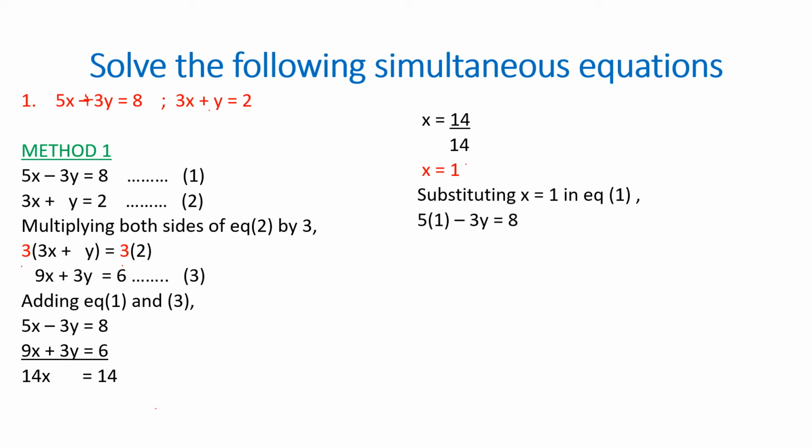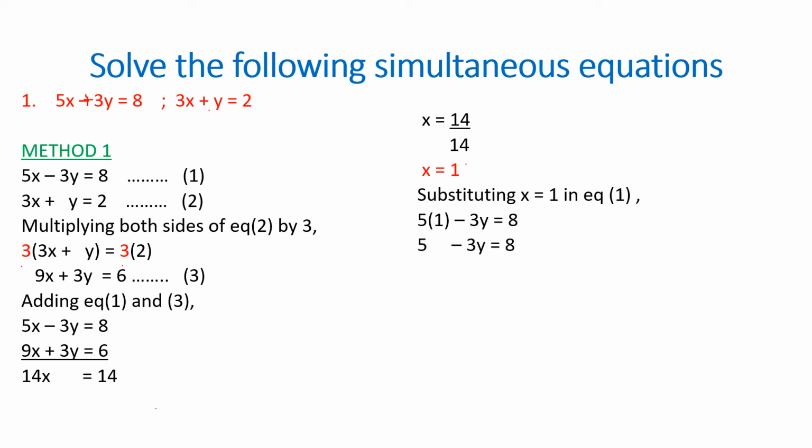See children, this is 5, but instead of x, we have 1, and everything else is the same, minus 3y is equal to 8, just that in place of the variable, we have written the value of the variable which we have just found out.